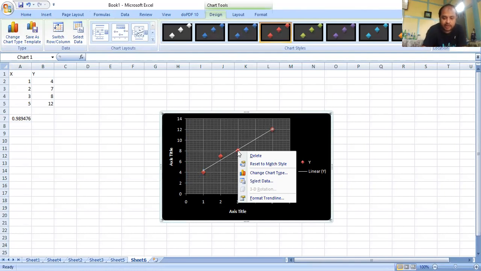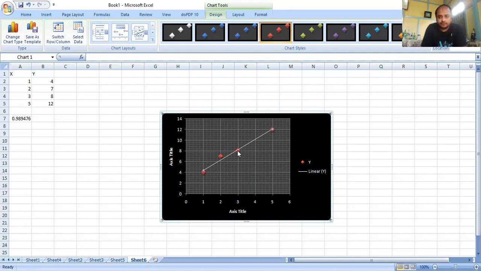This particular window will come out. From this window, I'm going to select the section called Format Trendline, and I will click on it.